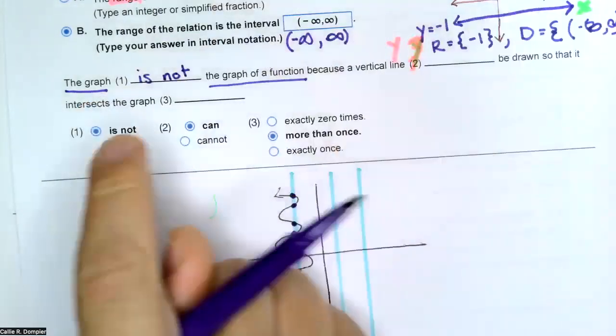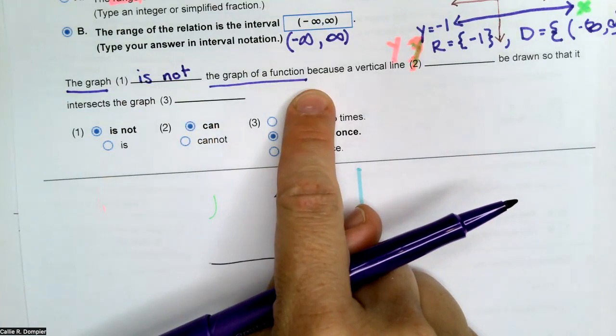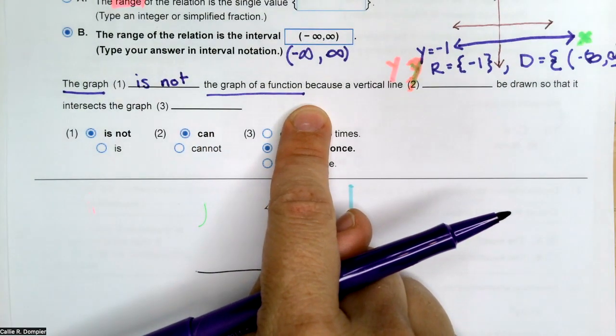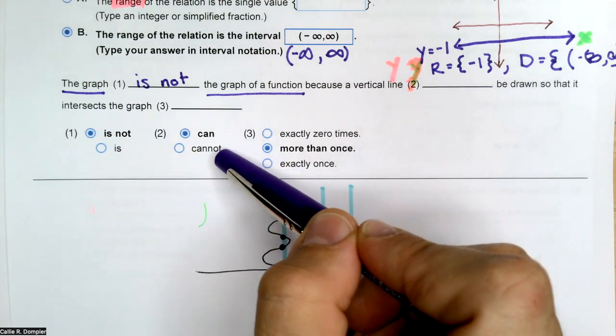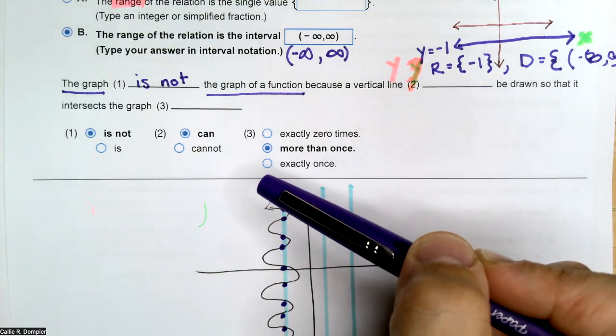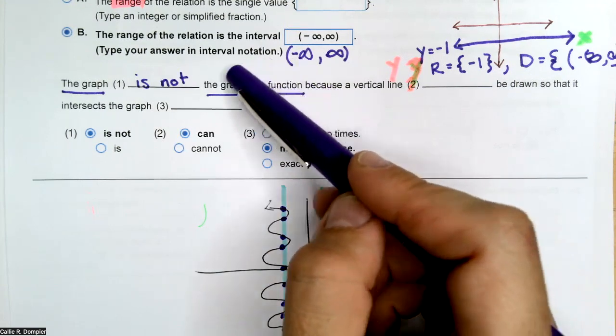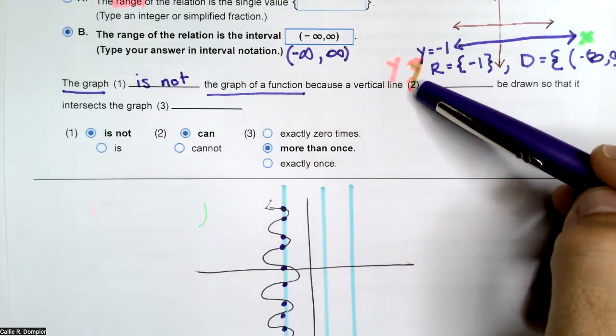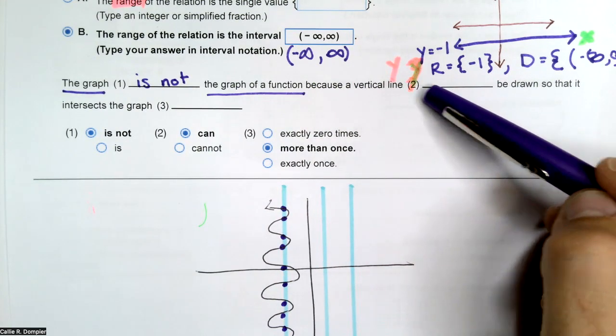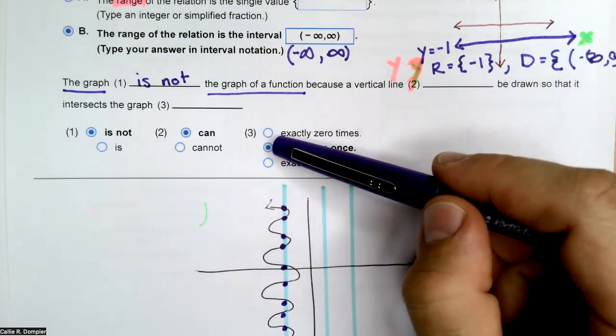So we have to start here. The graph is not the graph of a function, okay? Because the graph, you could say, cannot, exactly once, right? But we know it's not a function. The graph is not the graph of a function. A vertical line, now you have to read them both at the same time. A vertical line be drawn so that it intersects the graph.